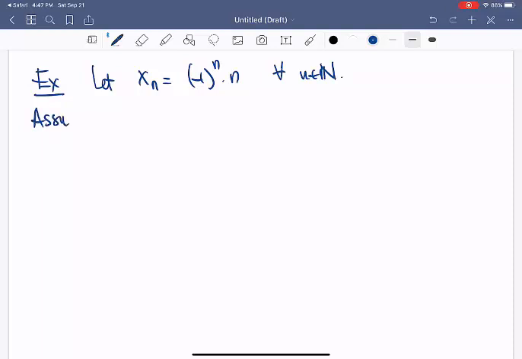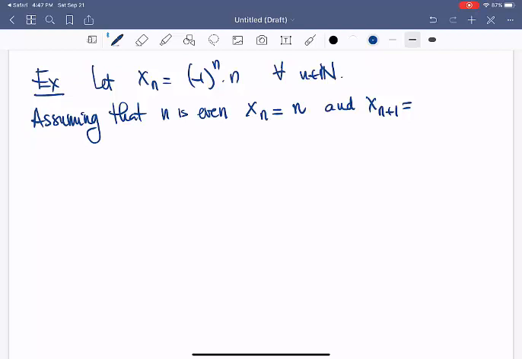Assuming that n is even, we obtain that xn is of course just going to be n, and xn plus 1 is going to be n plus 1 times negative 1, so negative n plus 1.